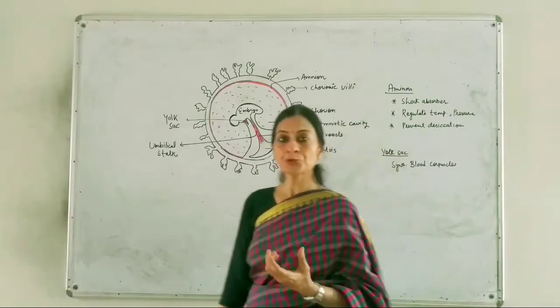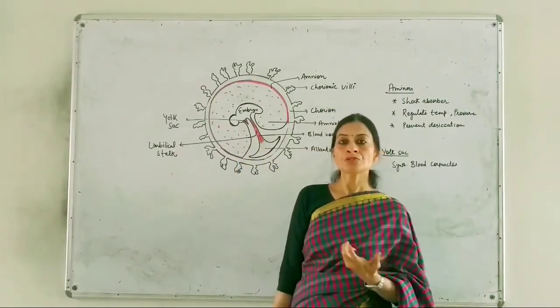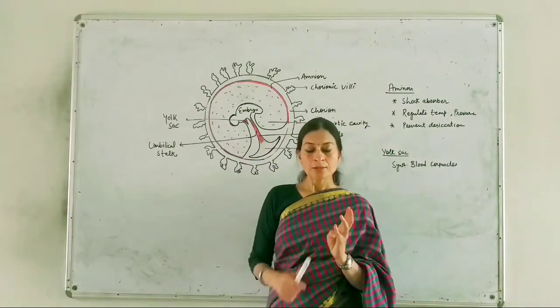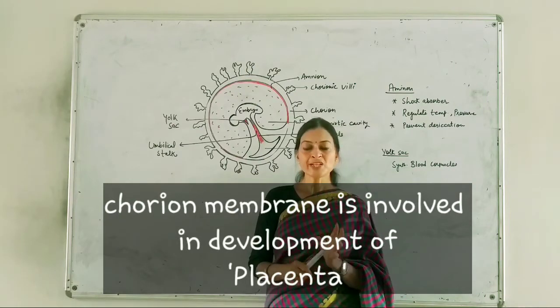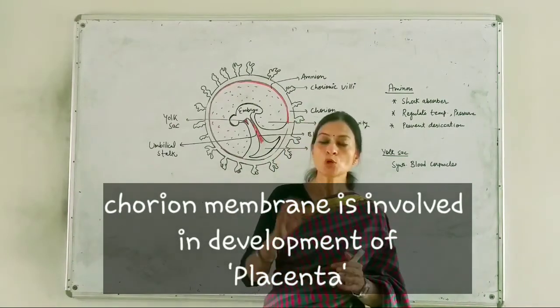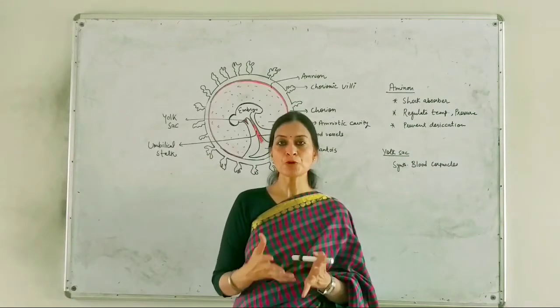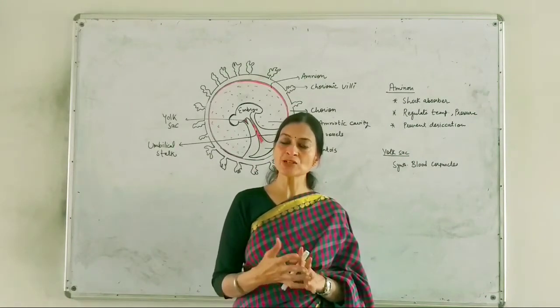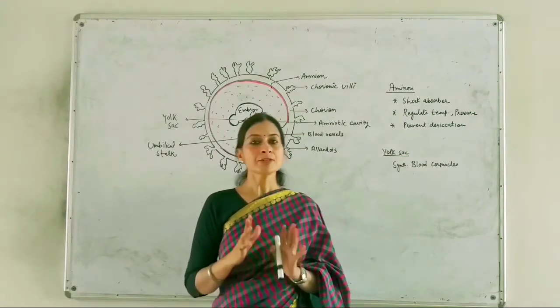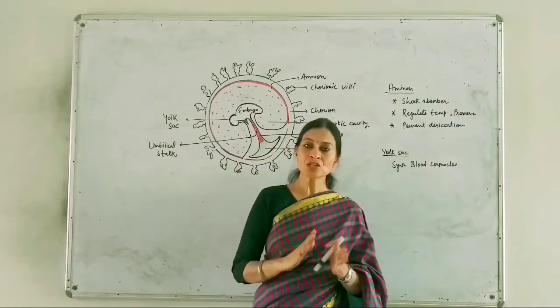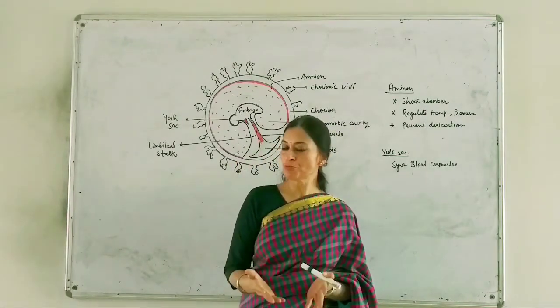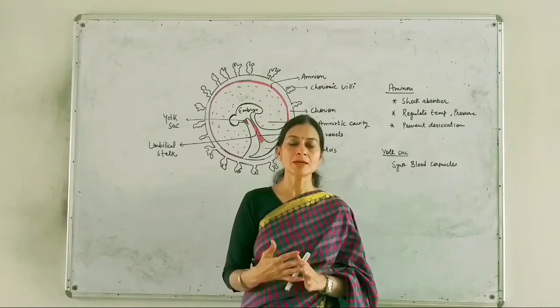So if we talk about the role of the chorion, we can say that the chorion will help in attachment of the embryo to the wall of uterus by forming finger-like projections, chorionic villi. It will also help in exchange of different types of materials through these villi.